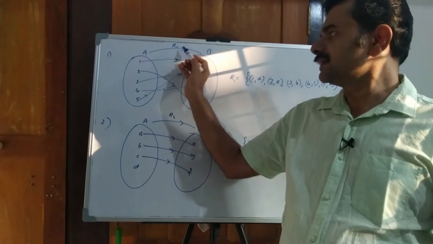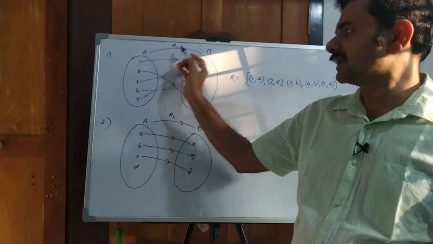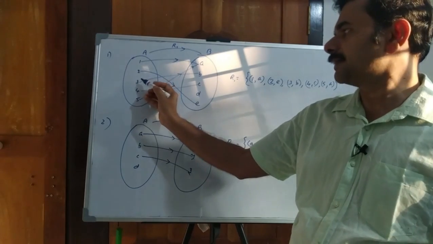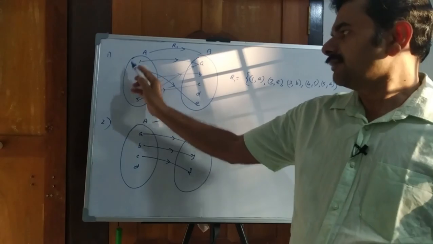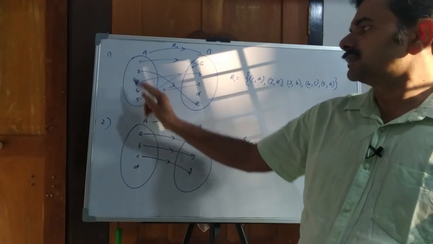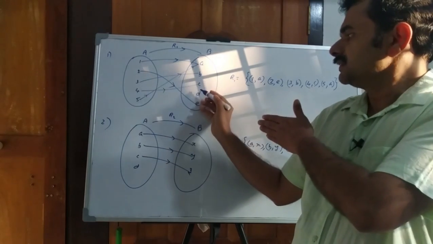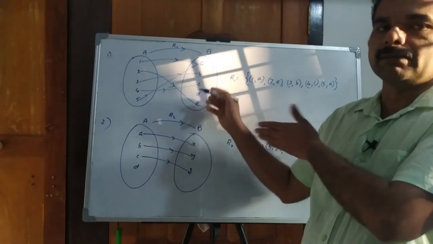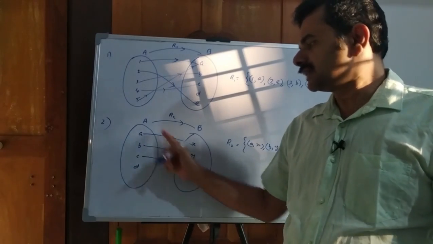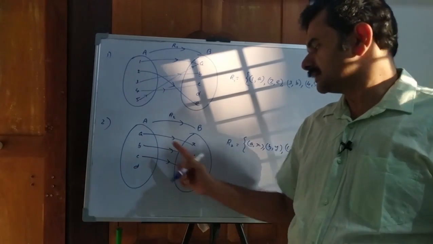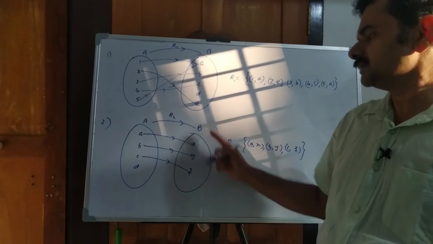Here the relation R1 is mapped from the set capital A to capital B. We can see every element of the set A is connected with some elements of set B. But here every element of set A is not connected with elements of the set B.